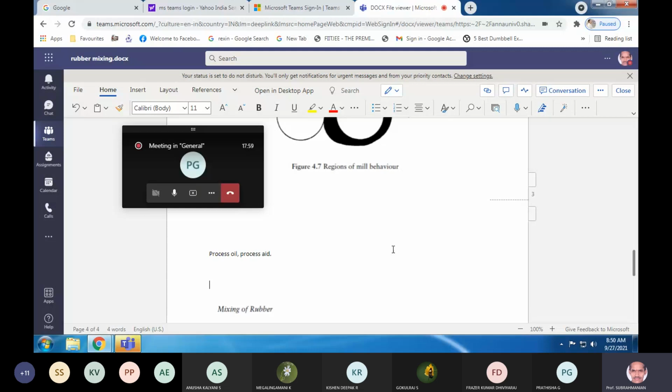What does a process aid do? Most of the process aids have dual functionality. Some part of the process aid specifically interacts with the rubber. The other part interacts with the filler. All right. So that is simple, straightforward. Process aids are targeted.